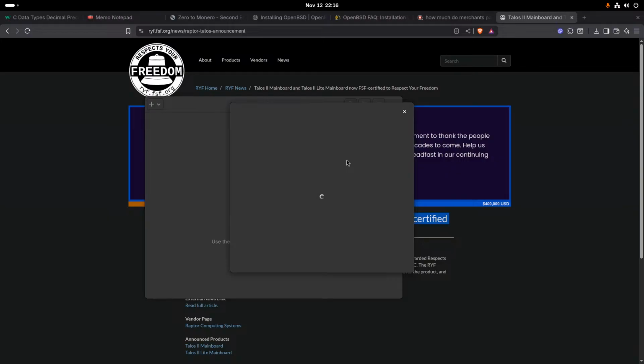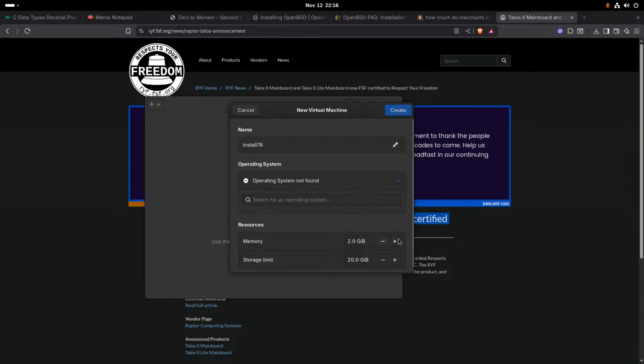Can Boxes download the ISOs for each OS available? Yeah. It's not the best control. You don't get the most control. OpenBSD 7.6 though.